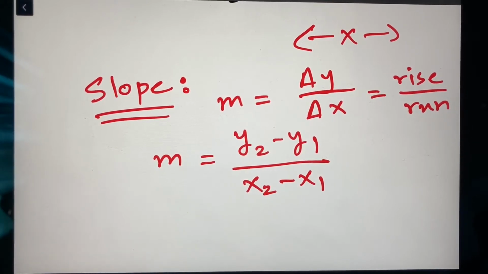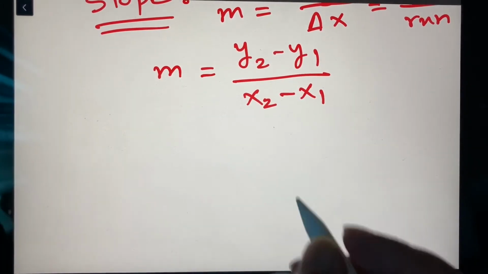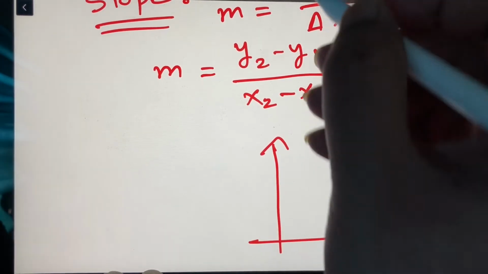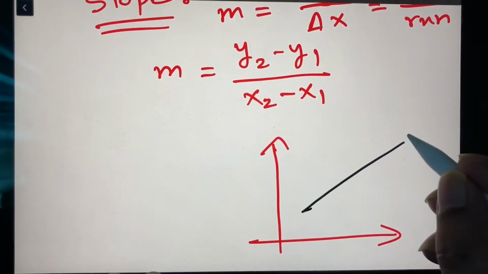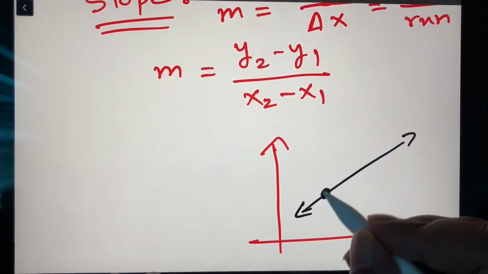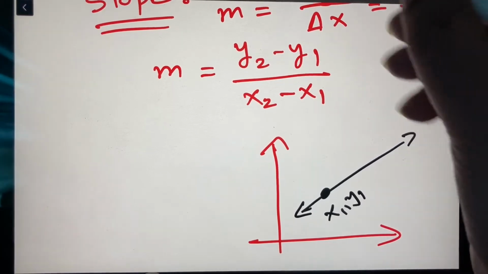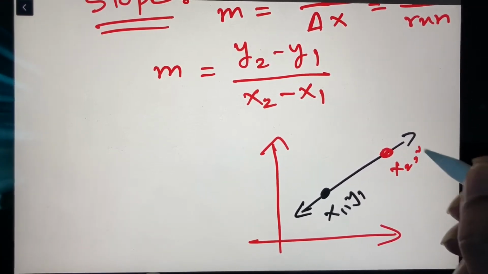So what does that mean? It basically means this. If you know 2 points, let's call it x1, y1, and let's call this point x2, y2.